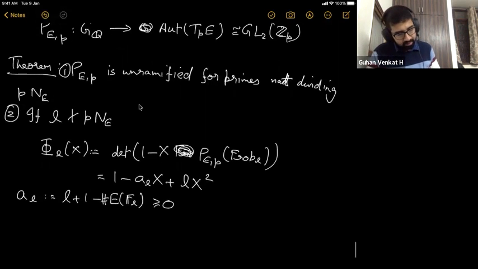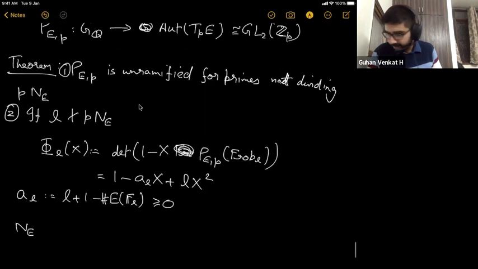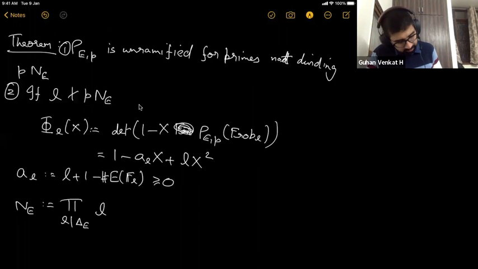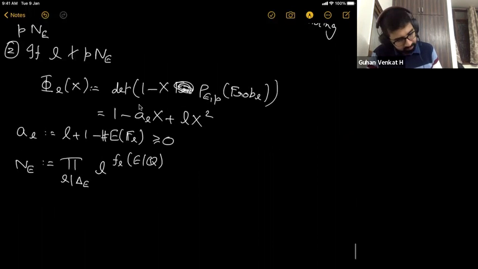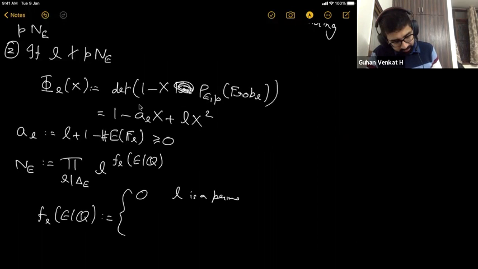But it would be criminal not to define what the conductor of an elliptic curve is. It's essentially all the primes that divide the discriminant with an exponent. This f_ℓ is 0 if ℓ is a prime of good reduction. Again, I won't go into the detail.